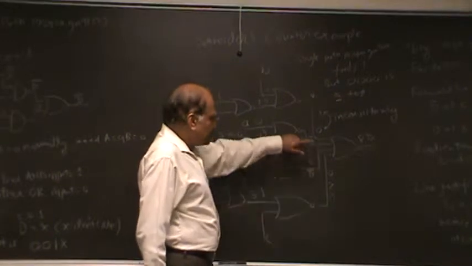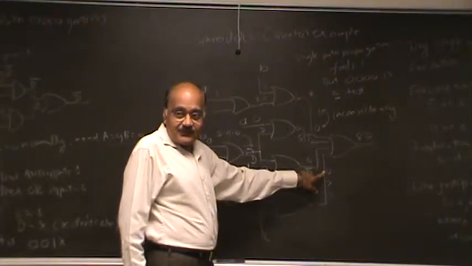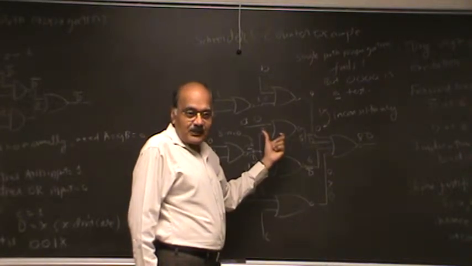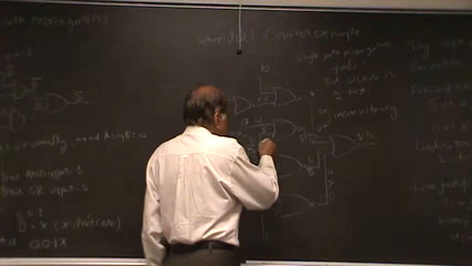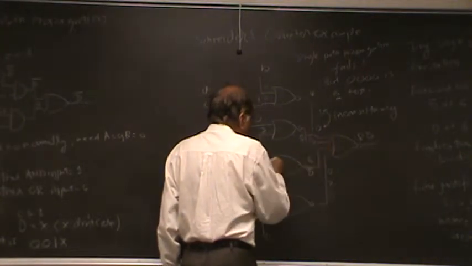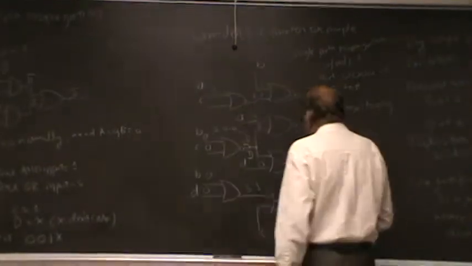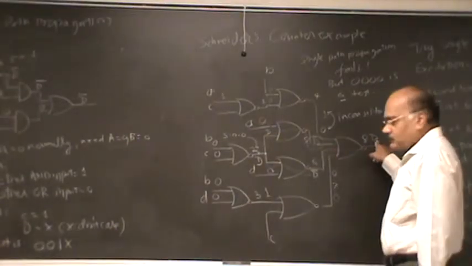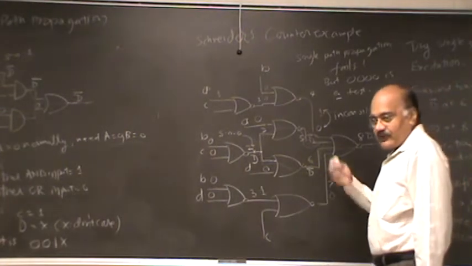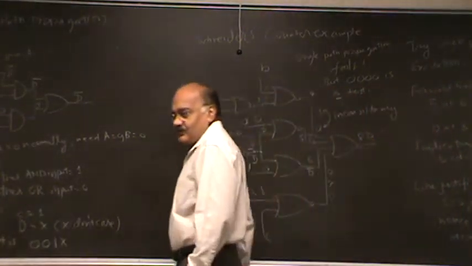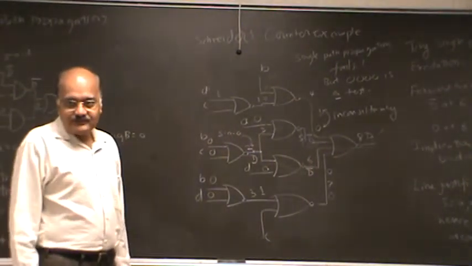So coming here, you would have a 0, a D bar, and a 0. Now it's no longer a single path, because you have error propagating through more than one path. But it would work, because with 0 and 0, the output will be D. So you would have found a test. If we had not insisted on a single path, we would have found the test.